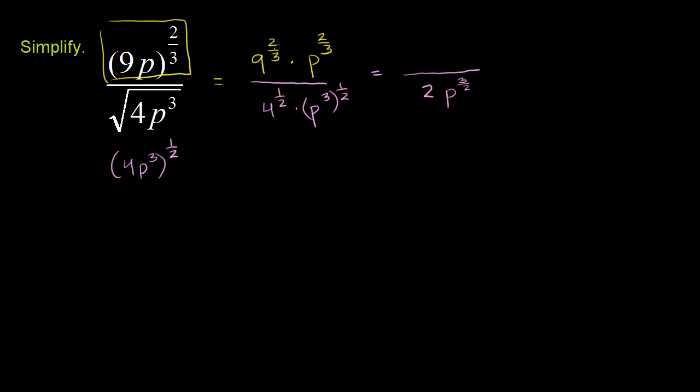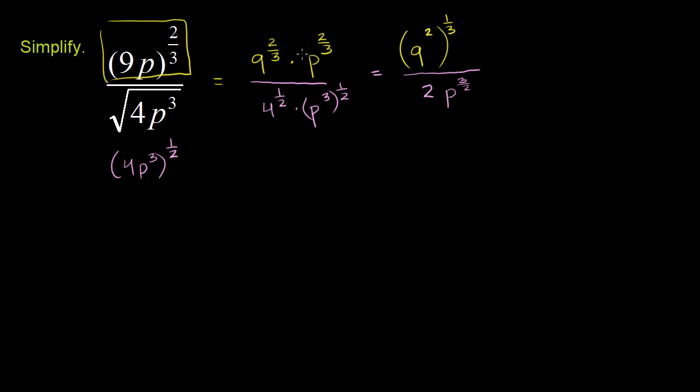9 to the 2/3. See, the cube root of 9 isn't anything easy. Well, actually, we could think about it this way. This is the best way to think about it. I'm kind of unsimplifying it, but it'll help us calculate what it actually means. 9 to the 2/3 is the same thing as 9 squared to the 1/3 power, right?